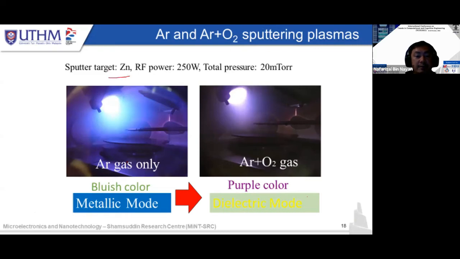When you use argon only as the gas, the color is bluish, a metallic mode color. If you use argon and oxygen gas, the emission is a little bit purple. This is what we call the dielectric mode of the plasma.